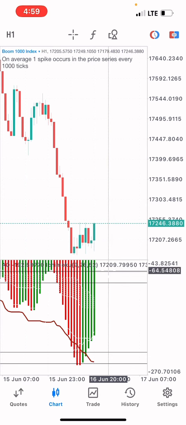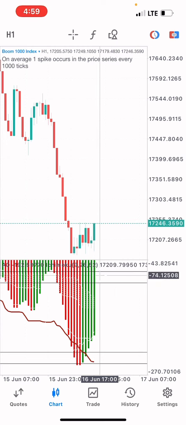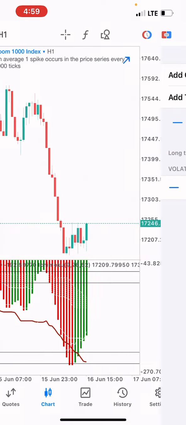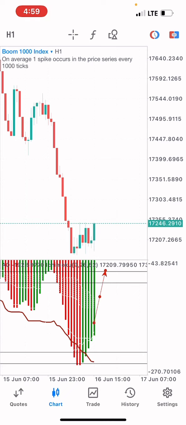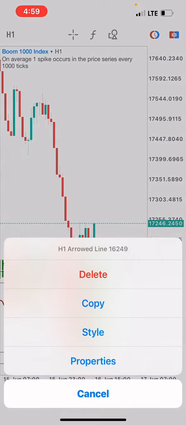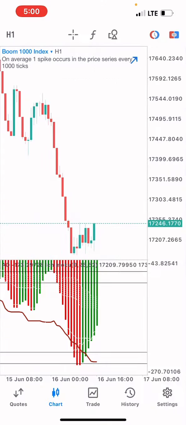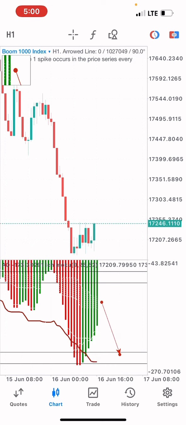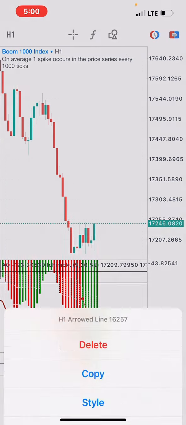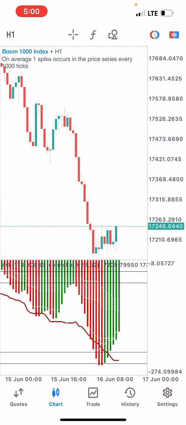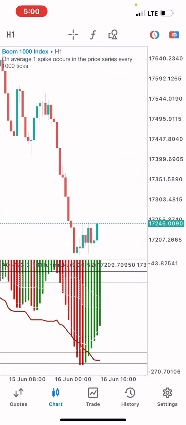RSI is the two black lines above, the two black lines I'm highlighting here. Let me use the arrows and just show you guys. These are the two black lines I'm talking about as level 90 of the RSI, and then this is level 10 of the RSI. Okay, so price had come to level 10, which is what people call the oversold region, the support region, the demand region, where price is most likely going to pull back up from.